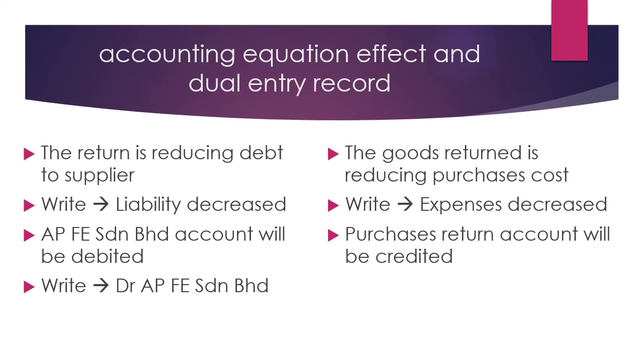So the purchases return account will be credited, because if you look into the other clear formula, whenever expenses decrease, you will credit the account. So purchases return is to record the return to the supplier, so you will credit the purchases return account. So you write CR purchases return.